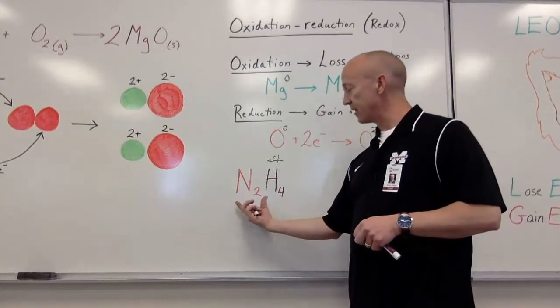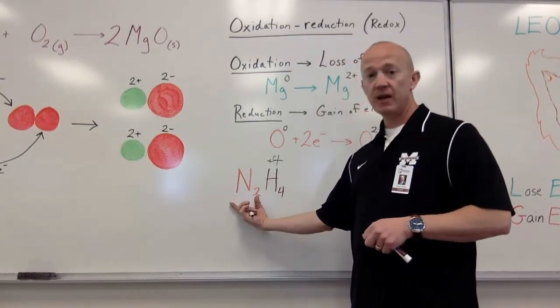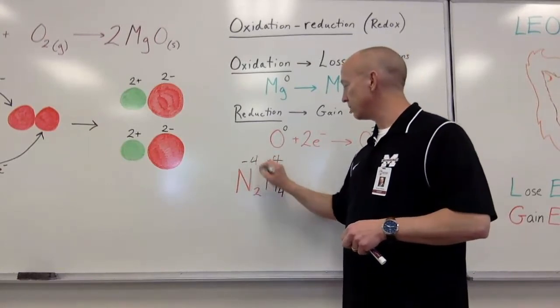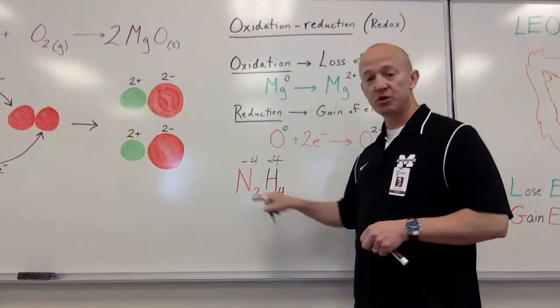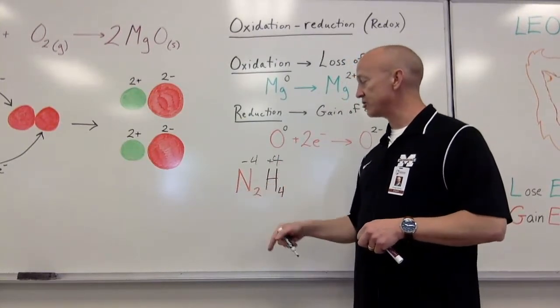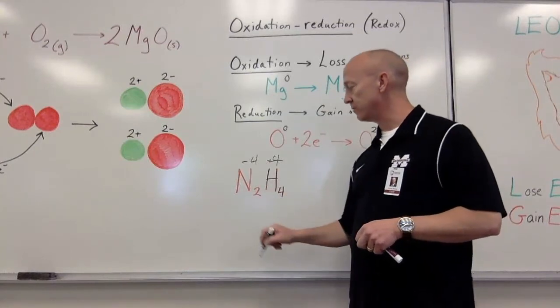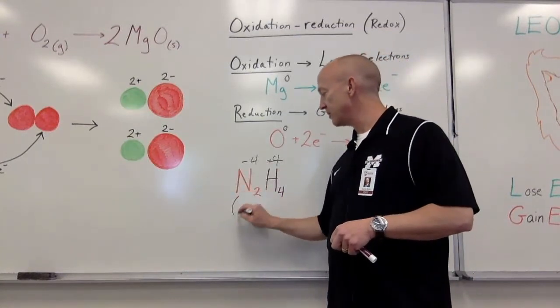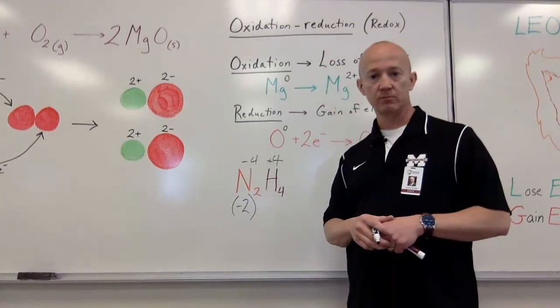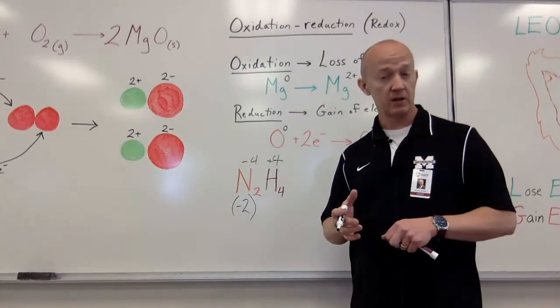Now that means that the combined amount of nitrogen has to be opposite of that, or -4. But that's for 2 nitrogens, right? So to get each nitrogen, I simply divide this by 2, and that means that nitrogen has an oxidation number of -2. You get it?